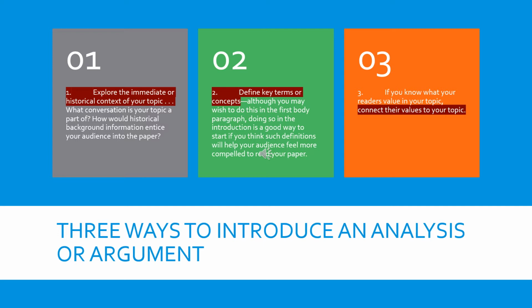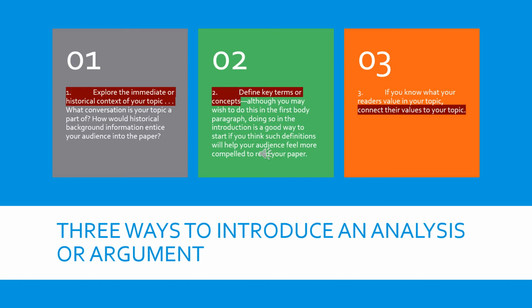How would historical background information entice your audience into the paper? Or how would something immediate, that is, some current event, or something going on currently or not in the far past, help us understand your topic as you're moving forward?